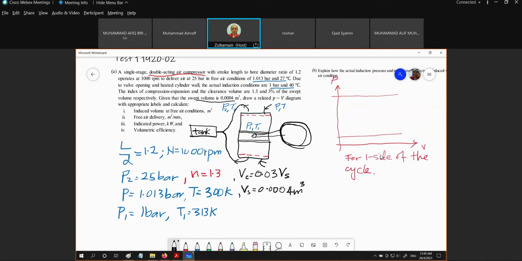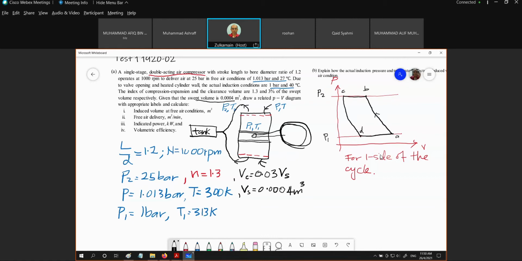So this is our re-expansion process. This is our compression process. Our delivery, our induction. Okay. A, B, C, D. P2, P1.